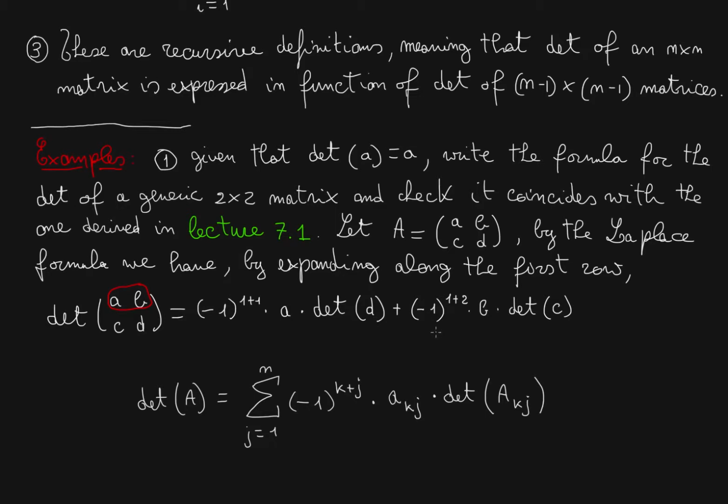The second summand is the one relative to the scalar B, which is the second scalar of the first row. k is going to be 1 and j is going to be 2 because it's the second scalar.